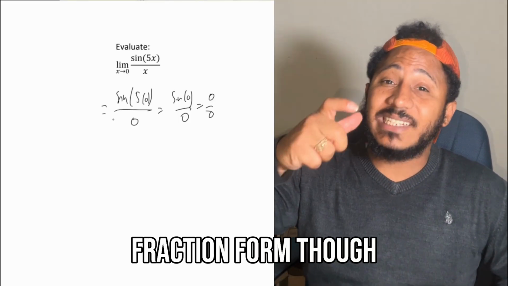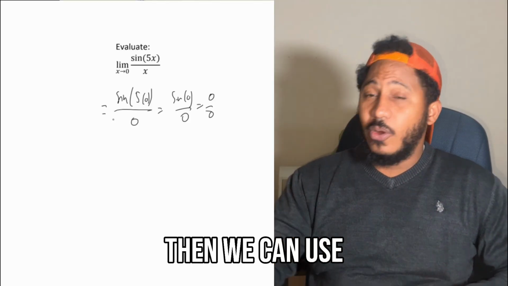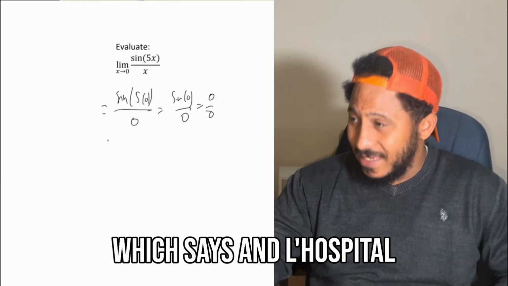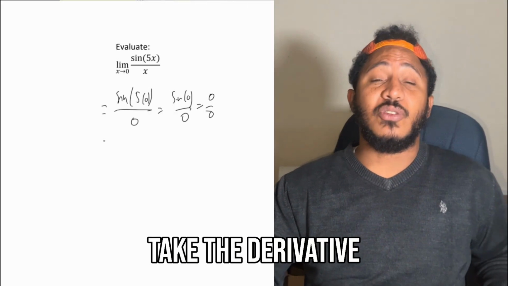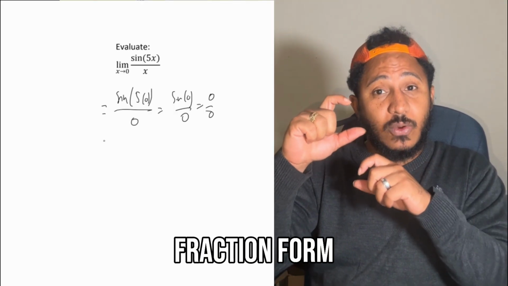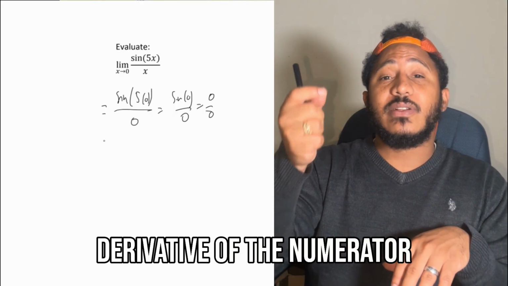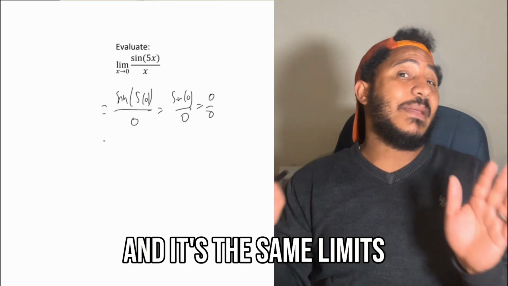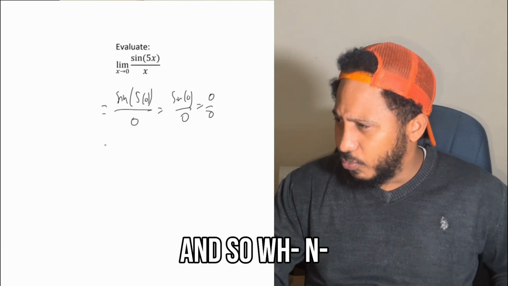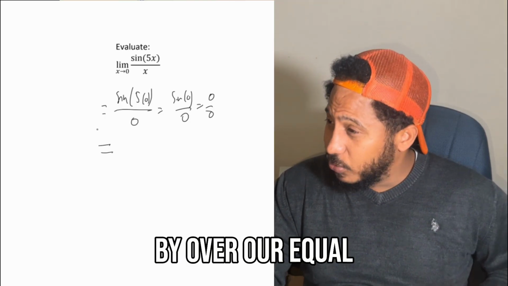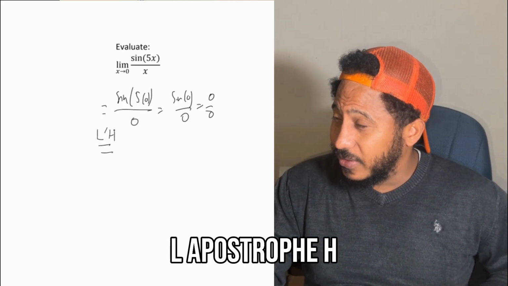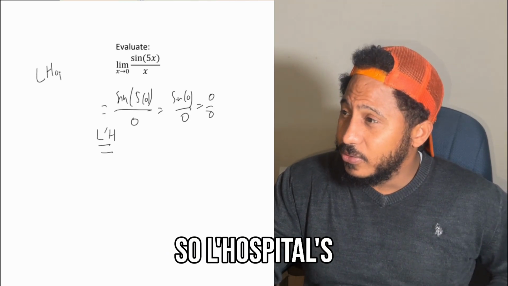Once it's in this fraction form, though, then we can use L'Hopital's rule. L'Hopital is a mathematician from a long time ago, and the rule says that once I get the fraction form, I can take the derivative of the numerator and the derivative of the denominator, and it's the same limit. Normally we represent that we're using L'Hopital's rule by putting over our equal sign L apostrophe H, so L'Hopital's, okay?